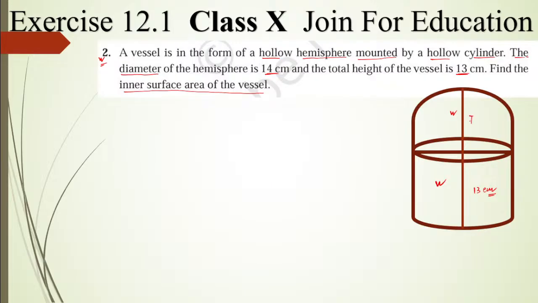Therefore the radius will be 7 centimeter. Therefore the height of the cylindrical part will be 13 minus 7 equal to 6 centimeter.